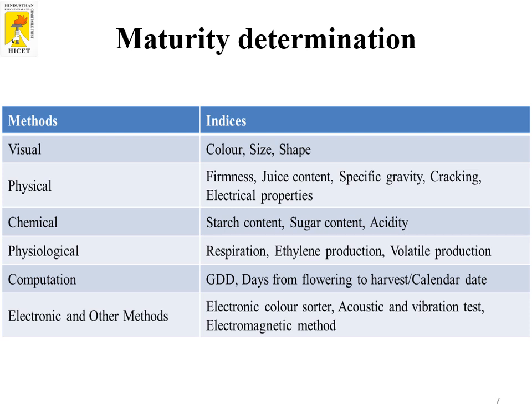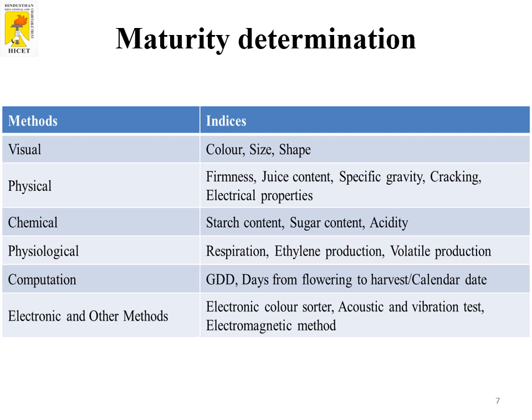The methods of maturity determination include the visual method, where the indices are color, size and shape. In physical methods, firmness, juice content, specific gravity, cracking and electrical properties are included. In chemical methods, starch content, sugar content and acidity are included.